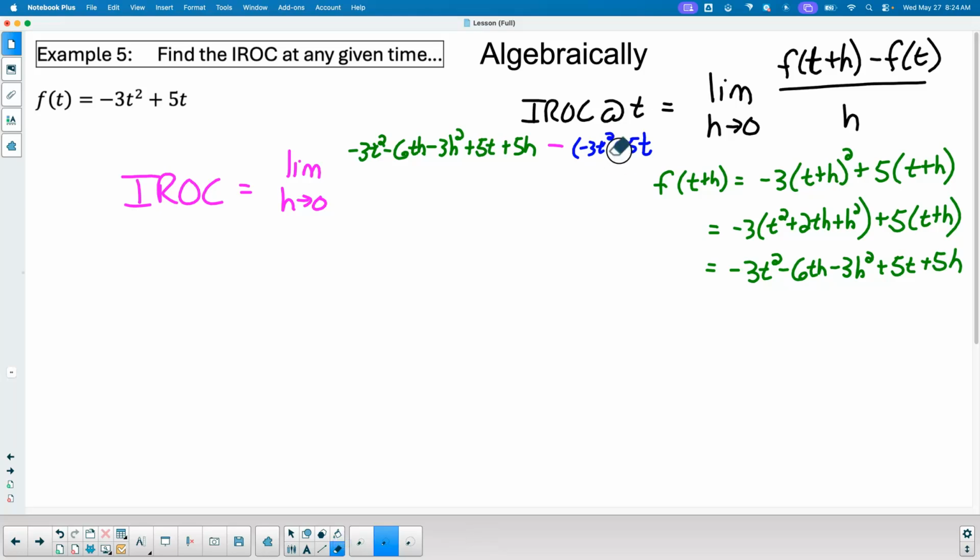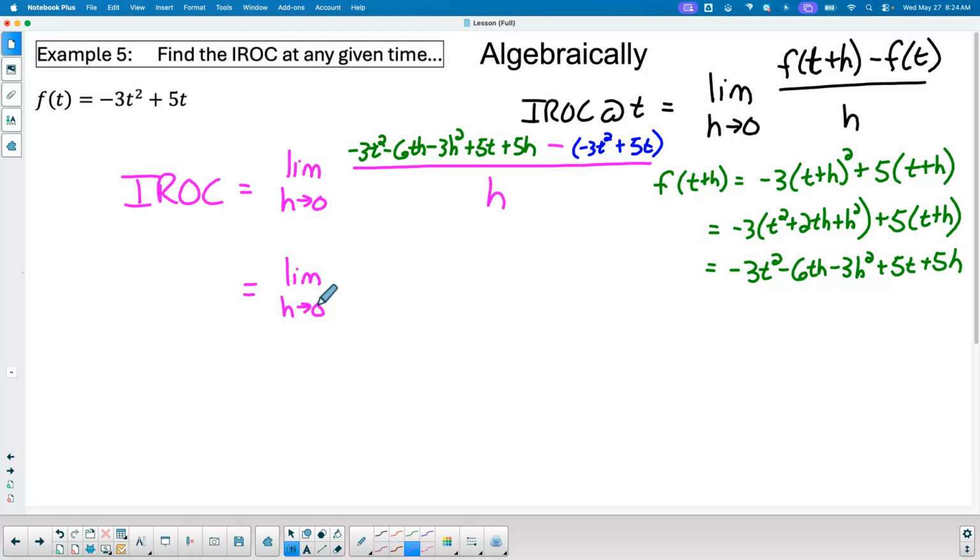So if I simplify that now, negative 3t squared minus negative 3t squared, these two cancel each other out.